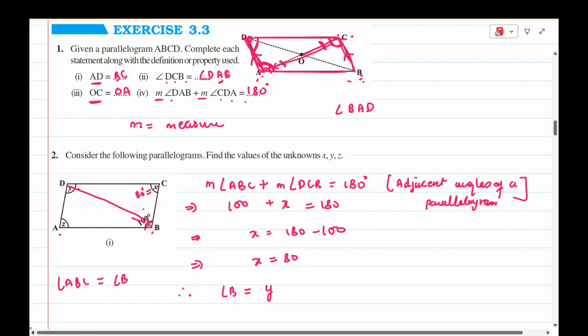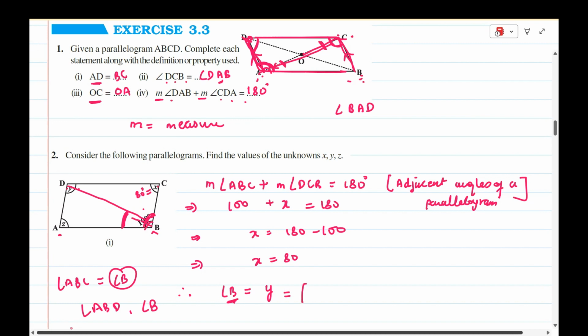If this is the case and I need to mention this angle, I need to write A, B, D, like that. Angle A, B, D. In this case, I cannot write angle B. But if there is only this full angle, I can write like this. So angle B is equal to angle Y.